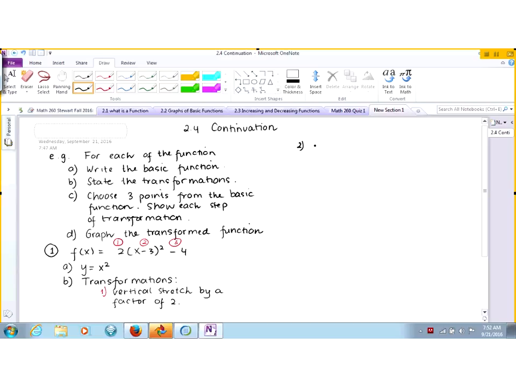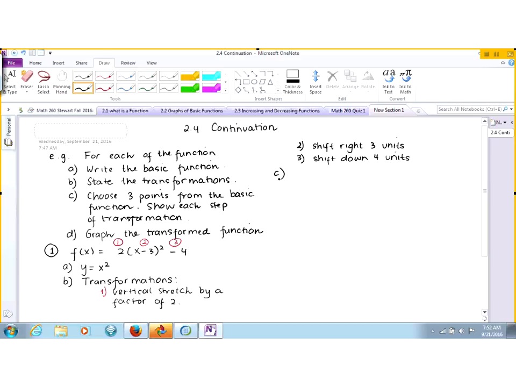What does this minus 3 do? Yes, shift right 3 units. And what does this negative 4 do? Shift down how many units? 4 units. Are we okay so far? Okay.